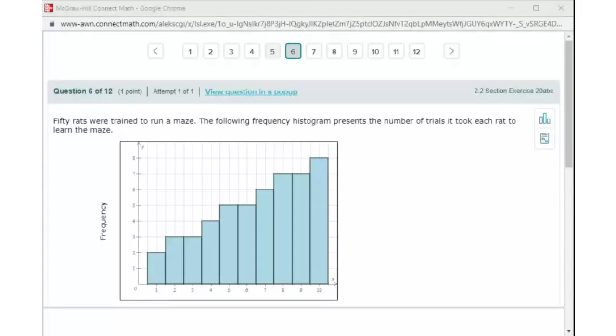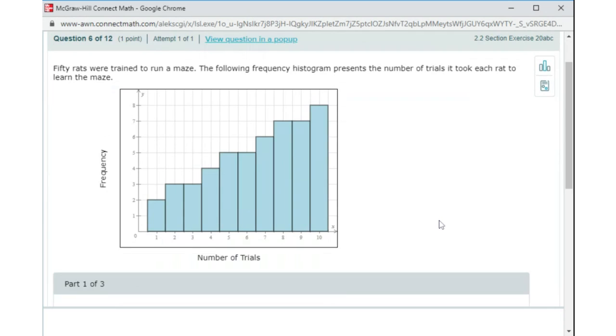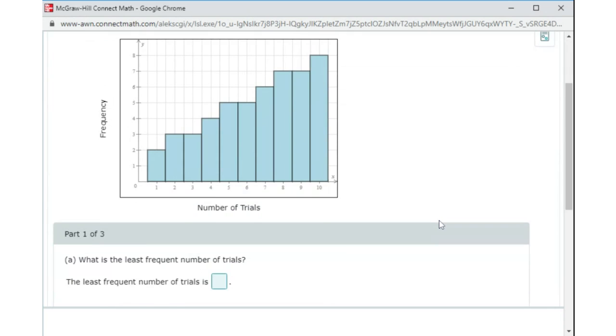All right. So, what are they asking about this one? The following frequency distribution histogram represents the number of trials it took each rat to learn the maze. So this is important because it's just asking about certain things.